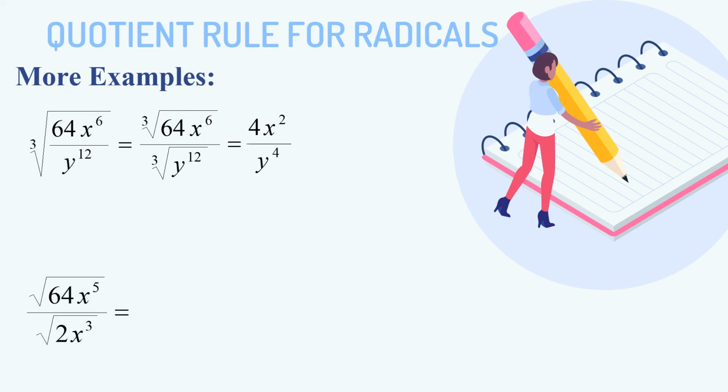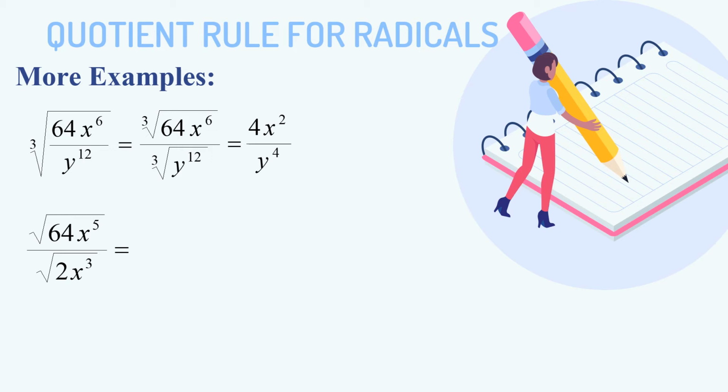Let's make another example. And in this case, let's find the square root of 64x to the 5th power over the square root of 2x to the 3rd power. And in this case, guys, I noticed that 64 is divisible by 2, and that x to the 5th power can be simplified with x cubed. So what we can do is reverse the property of the square roots.